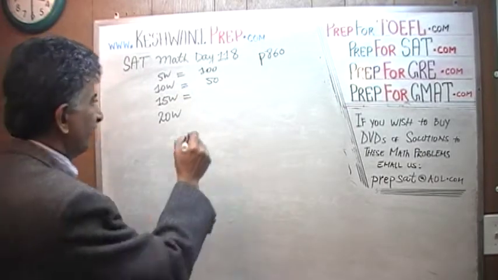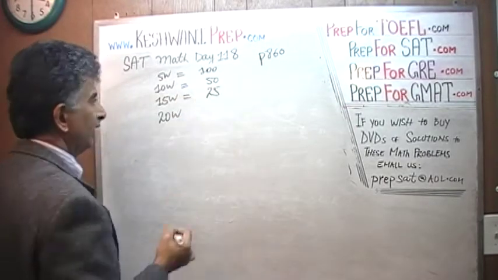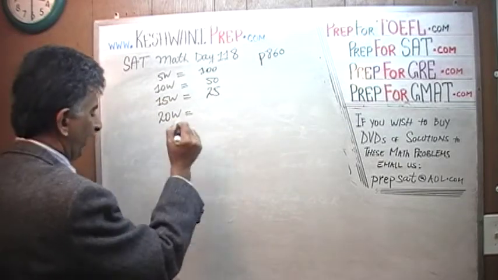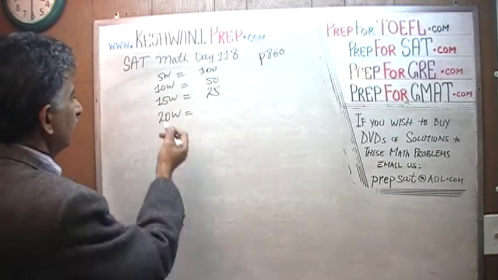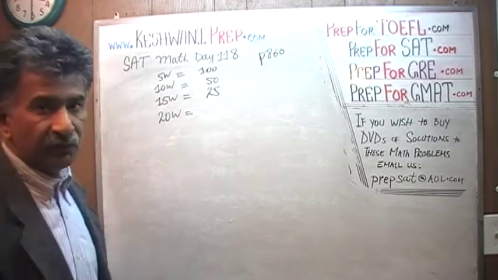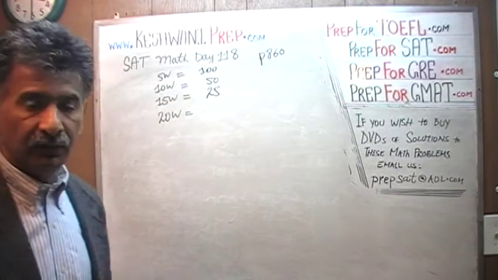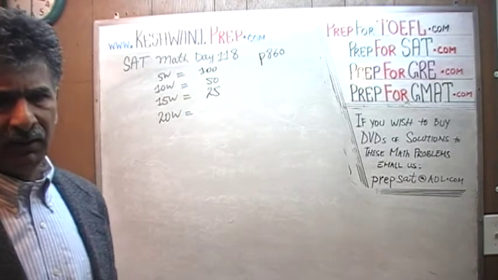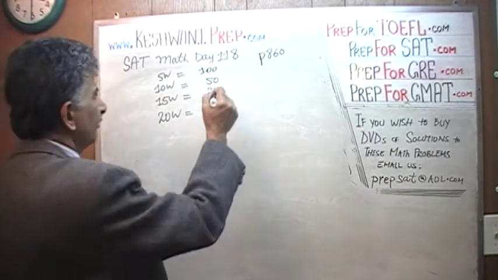15W we are told is half as fast as 10W, that's 25. And finally we are told that 20W is half as fast as 15W. Half as fast as 15W, which equals 25, would be 12 and a half. I don't like dealing with decimals, so I'm going to stick on a 0.